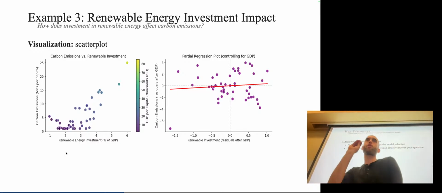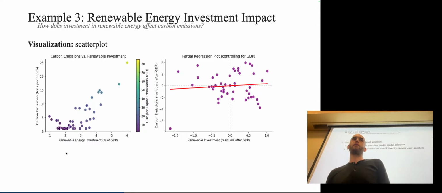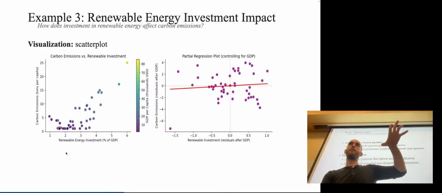So when you're going through your project, I want you to think about what your research question is, start there, and use that to guide the model selection. We started with a question, and then we went to the data, asked what kind of data we might need, and then visualized it.